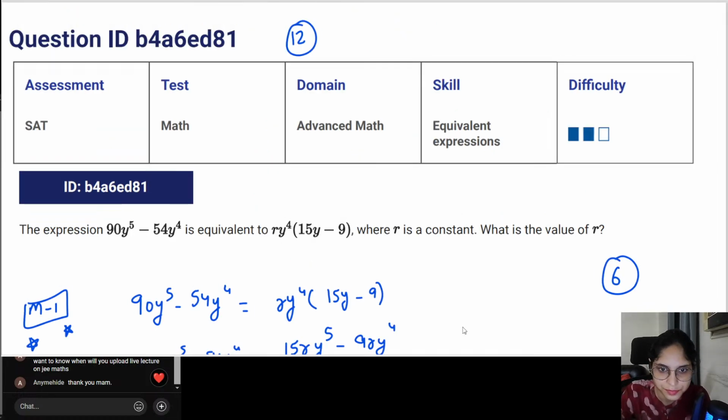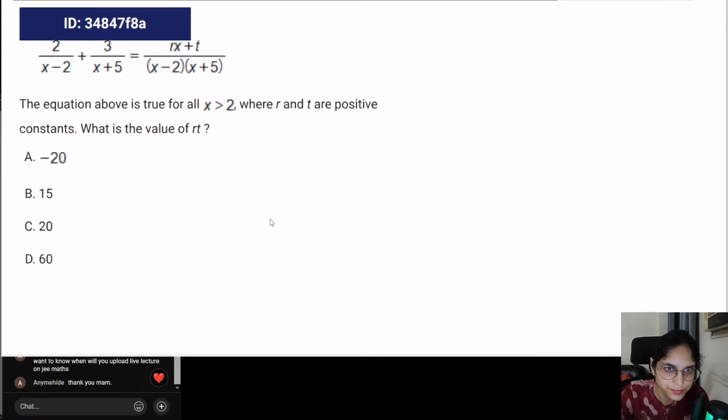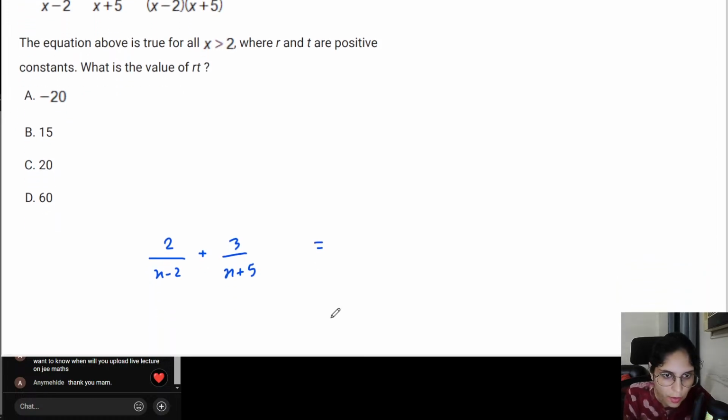13th. So this is your rational, and you're adding two rational expressions. So whenever you are getting it, the least common denominator is going to be x minus 2 times x plus 5. So you multiply x plus 5 over here.